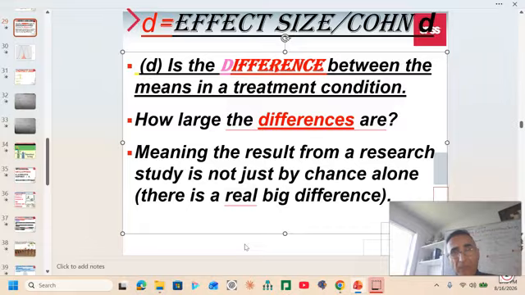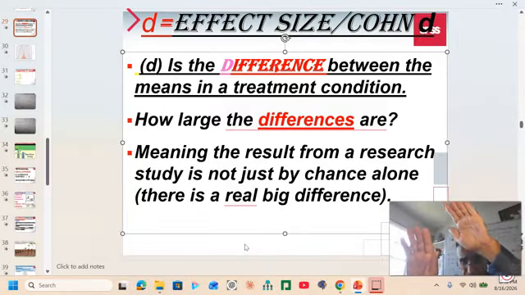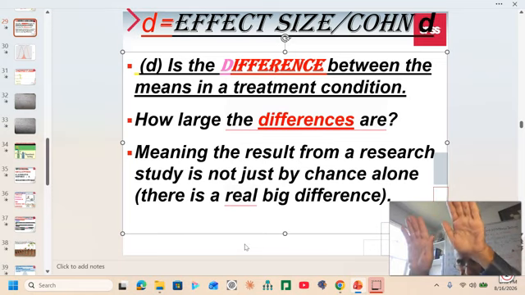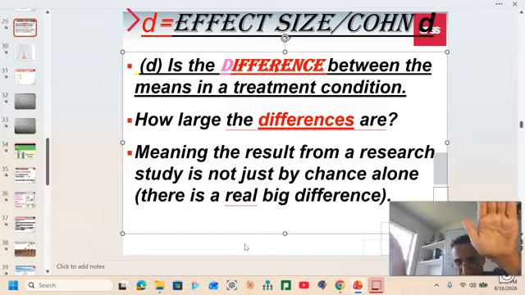Now, we know the mean for IQ is 100, but if the mean for your sample is also 100, if you look at my hand, these are not two different distributions. You see them at one mean, 100. But if one of them is 100 and one of them is 110, you see there are two different distributions, and the bigger the difference, the more they separate from each other.